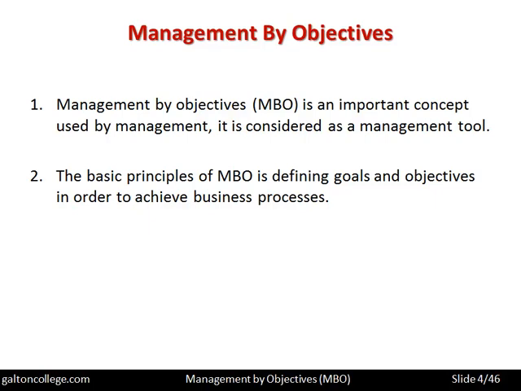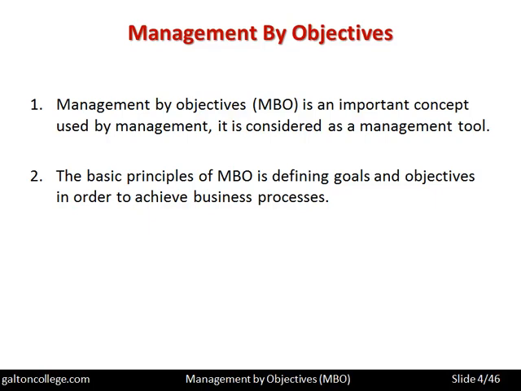The basic principle of MBO is defined as goals and objectives in order to achieve business processes. So management by objectives is looking clearly at goals and objectives. What are the goals or the aspirations of the business, and trying to link what it wants with the various processes that need to be undertaken and delivered.